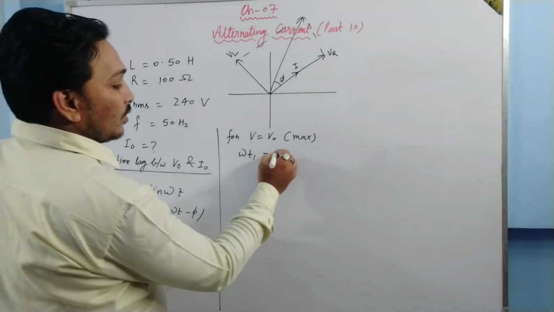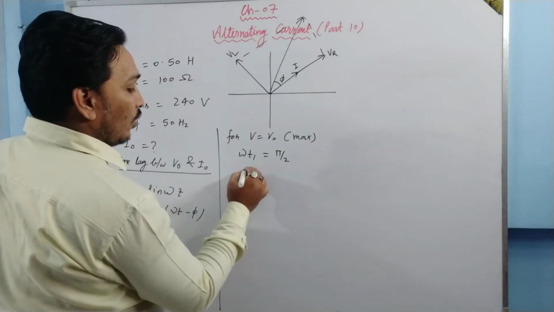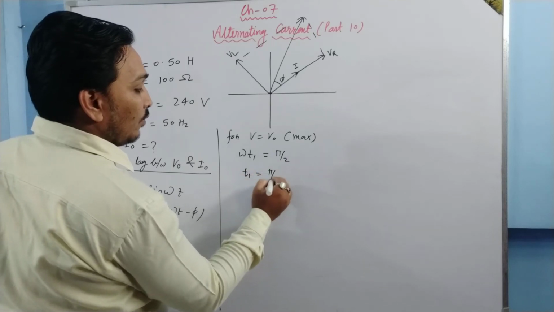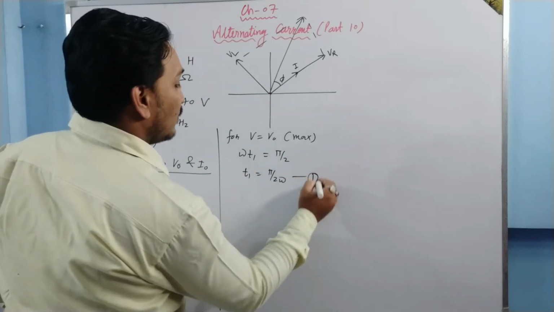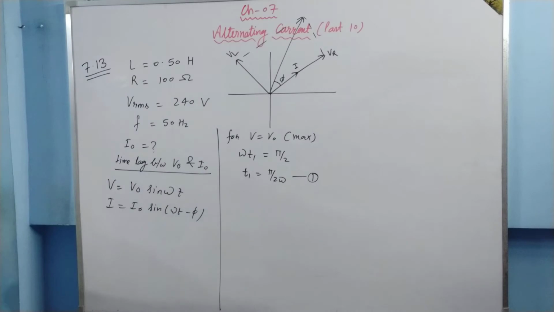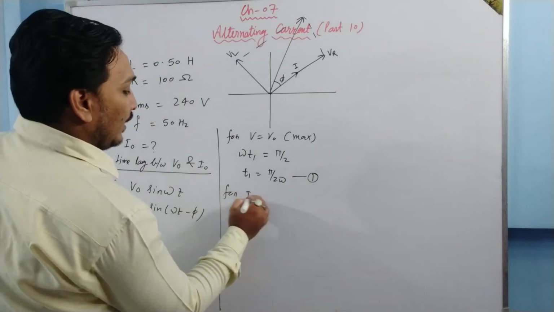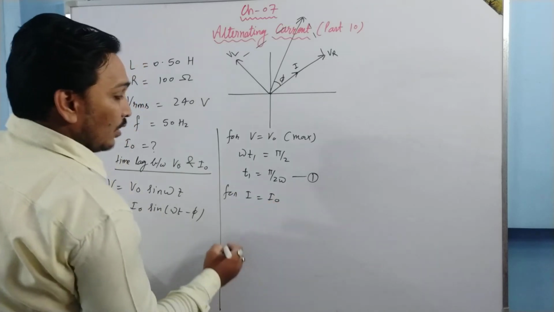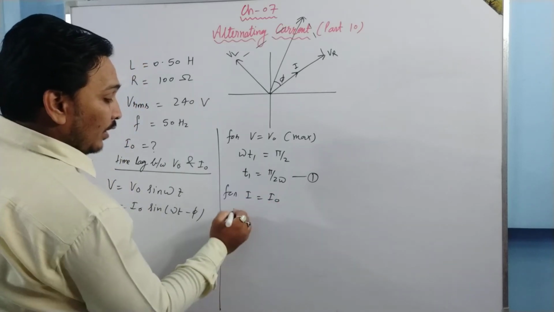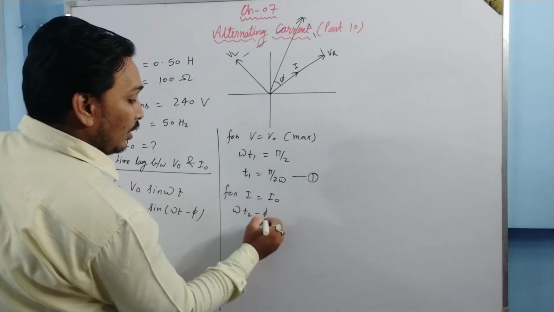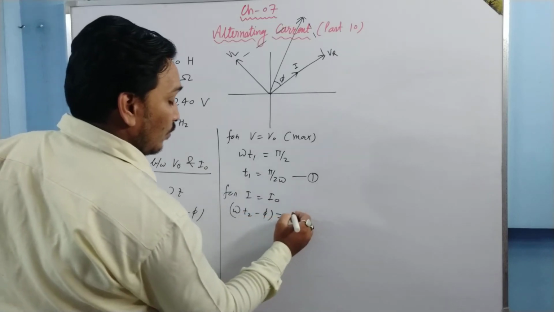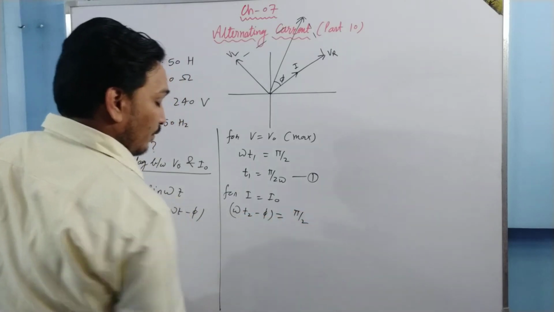So omega t1 must be equal to pi by 2, so t1 is equal to pi by 2 omega. Let this be equation number 1. In the same manner, when the current is maximum, for I equal to I naught, let it happen at t2: omega t2 minus phi is equal to pi by 2.